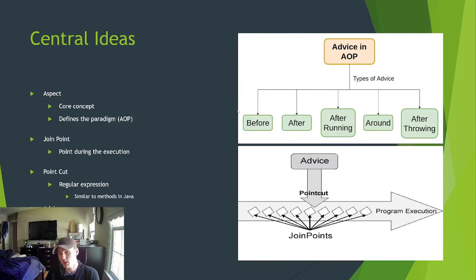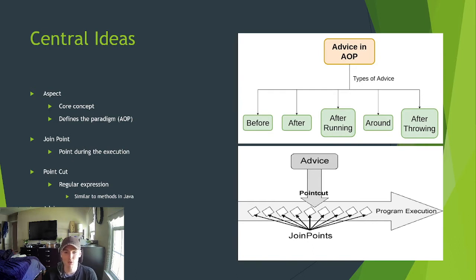So really at its core, AspectJ primarily offers four new things. The first of which being the aspect. The aspect, which Baldung provides this definition, is a modularization of a concern that cuts across multiple objects.